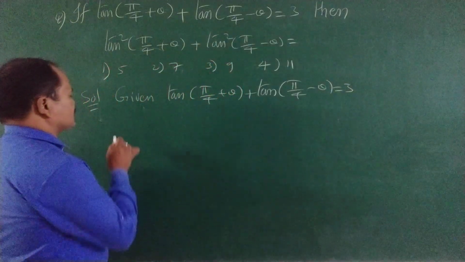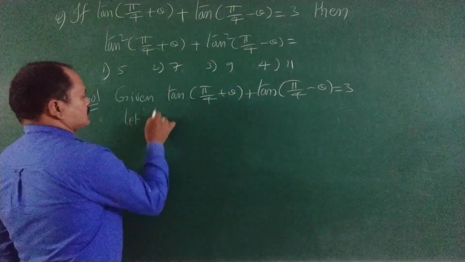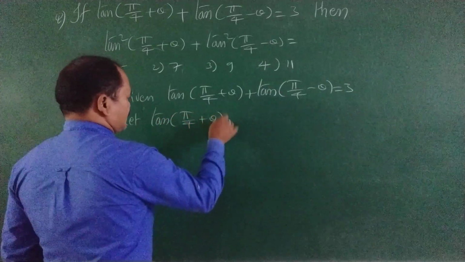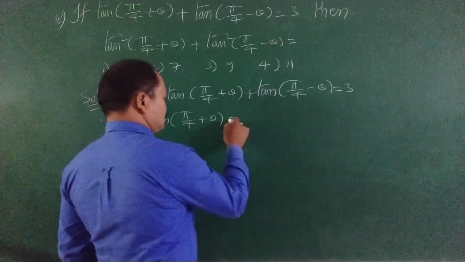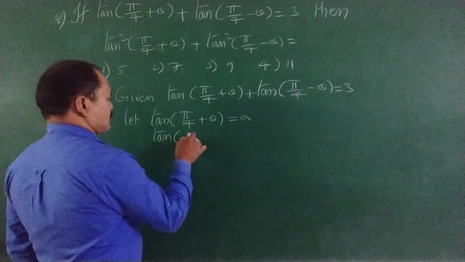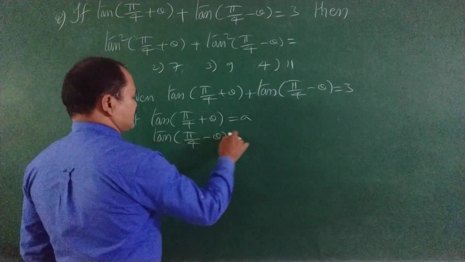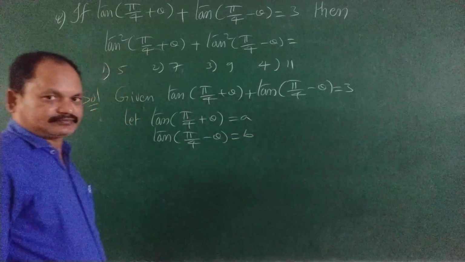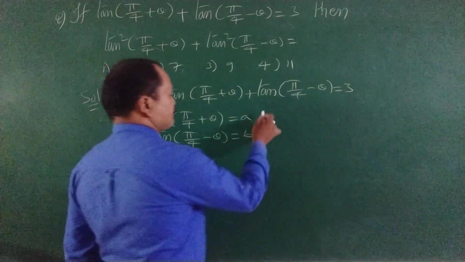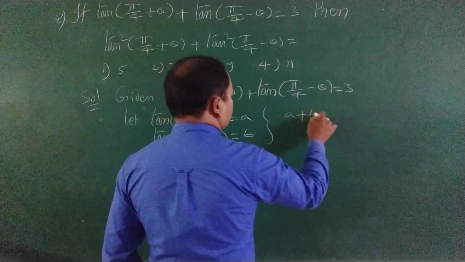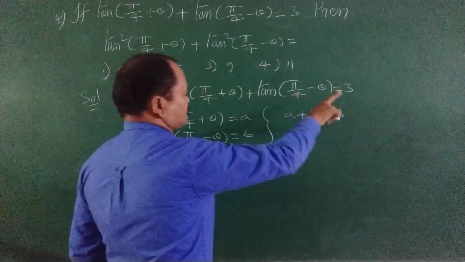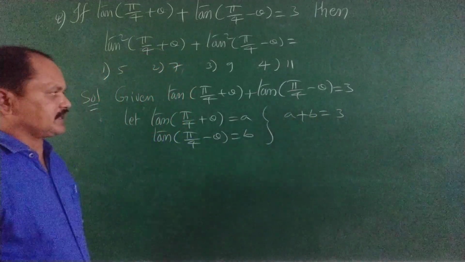So let us consider tan(pi/4 + theta) is equal to a, and tan(pi/4 - theta) is equal to b. So from the given condition, a plus b is equal to 3, since this is a and this is b.